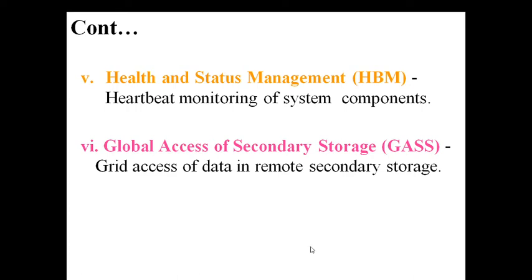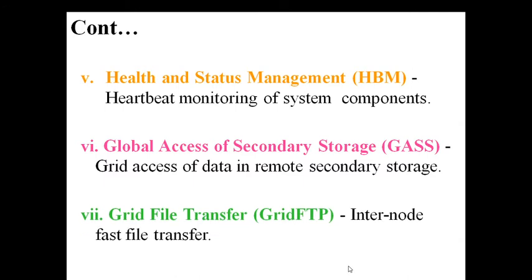So the GASS will take care of the secondary storage of the services. Next, grid file transfer means the local file transfer will be taken care of by GridFTP. Okay, so these are some of the tools which are contributing to the successful operation of your work in the grid.